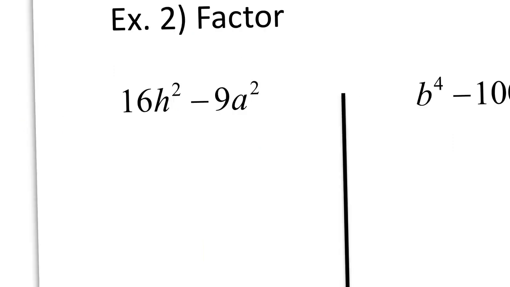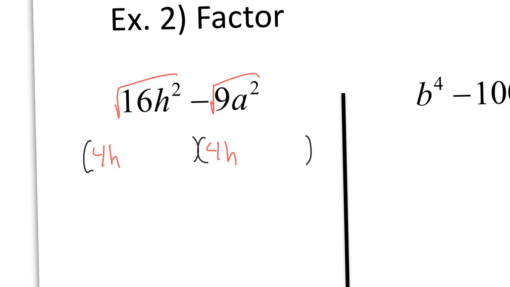All right, so let's try when you have two different variables. Same idea, same concept. I am looking at the terms 16 and 9, those are perfect square numbers. There's a minus in the middle, so we do have a difference of squares. I am going to make my two binomials here, and I'm going to take the square root of 16h squared. That's going to be a 4h and a 4h.